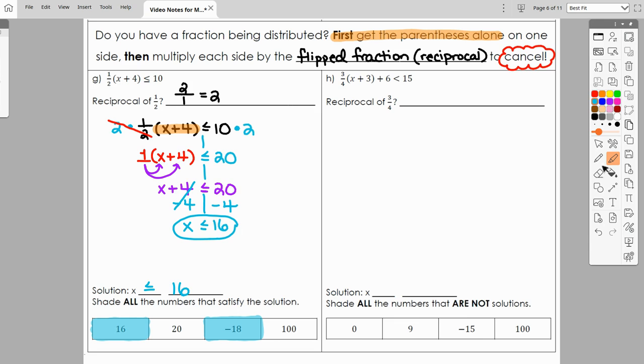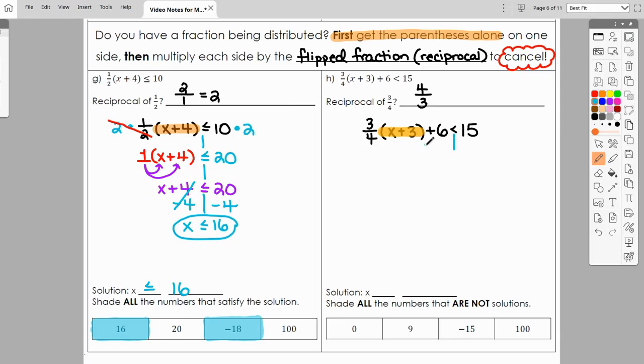Next example, we're again seeing that we have a fraction of 3/4 multiplied in front of parentheses here. So I will talk about what the reciprocal is, which is just flipping 3 over 4 to be 4 over 3. From here, the biggest thing is that I have to do something first because I see for this problem that I have my parentheses, the fraction in front, but then I have this plus 6 afterwards.